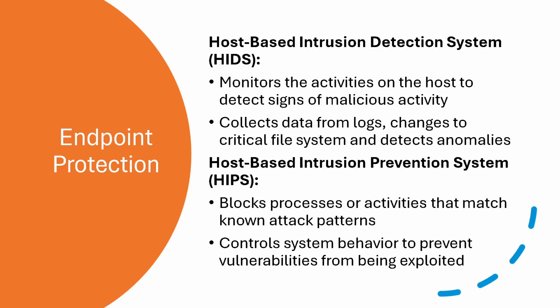It collects data from logs and changes to critical file systems, and detects anomalies in order to detect any intrusions on the system. A host based intrusion prevention system, on the other hand, blocks processes or activities that match known attack patterns. They control system behavior to prevent vulnerabilities from being exploited. For example, they can send TCP reset packets in order to stop a reply from a malicious link.